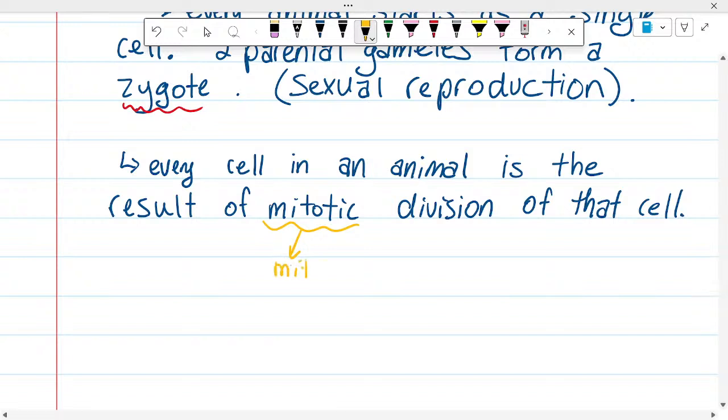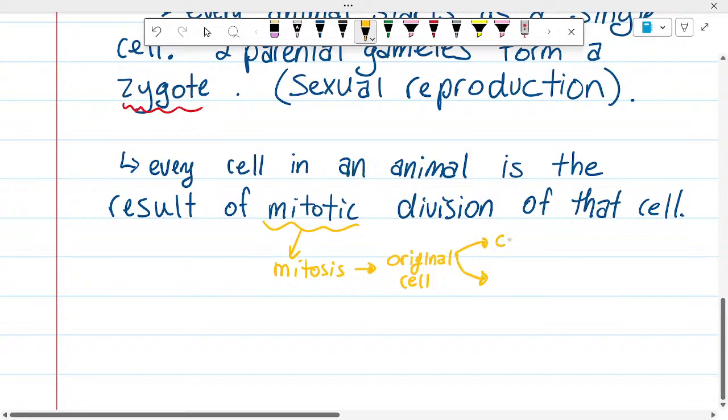So we say mitosis. We start with, we usually use the term parent cell, but I don't want to make it seem like it's the cell from your parents. So instead I'm just going to say original cell. And after mitosis, we end up with two clones.